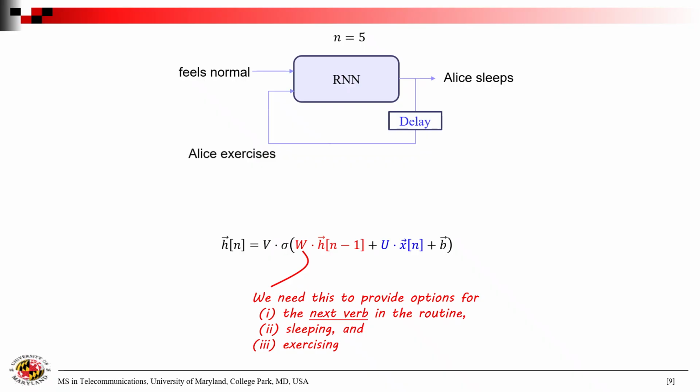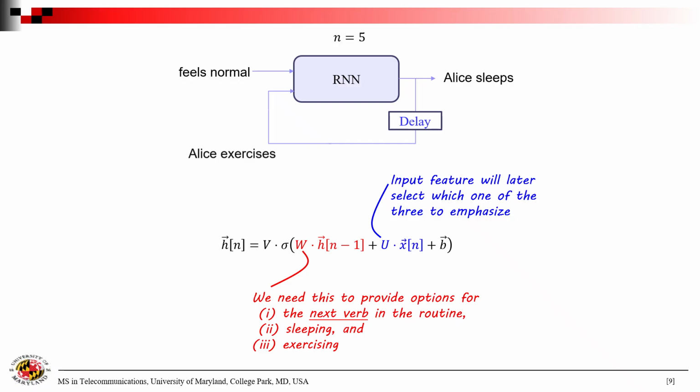So that's feedback there. But it also has to provide options for what if the input is she's feeling tired, in which case she's going to be sleeping, or the input is she's feeling rested, in which case she's going to be exercising. The W has to provide options for all three of these.